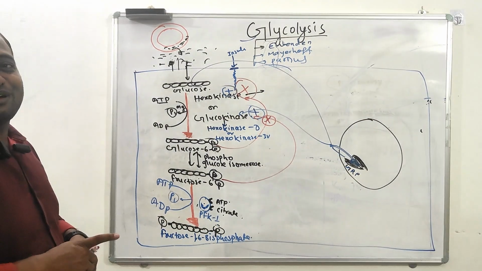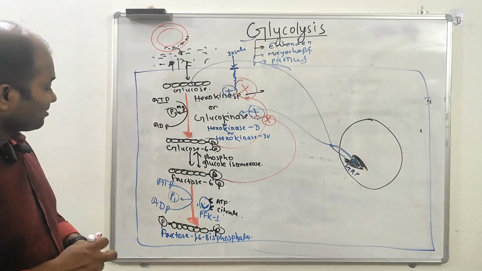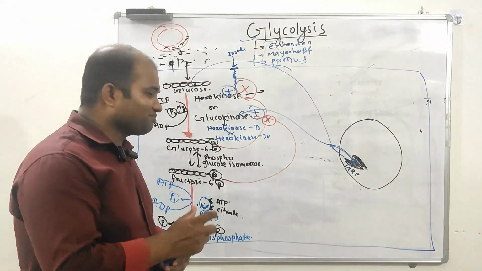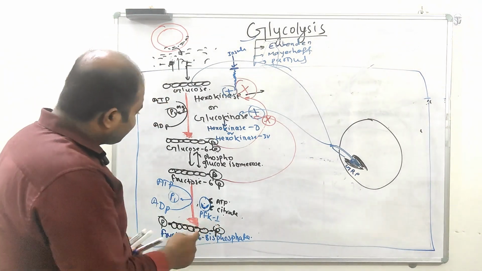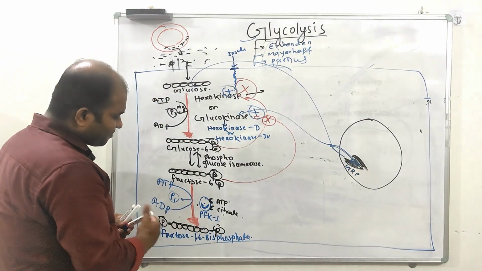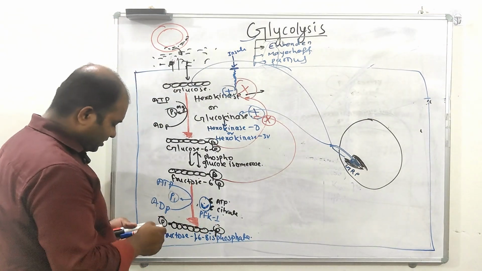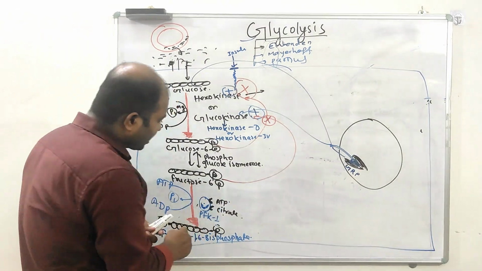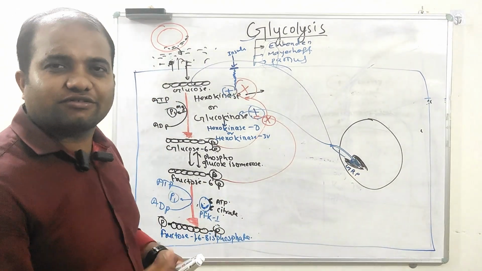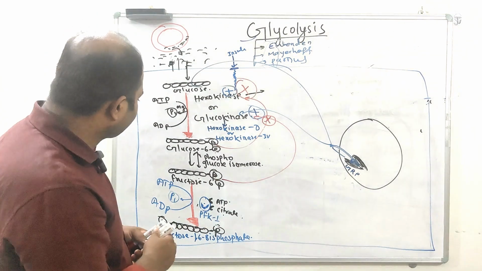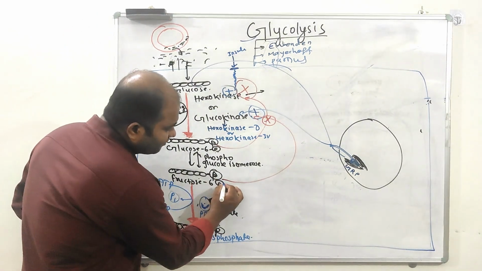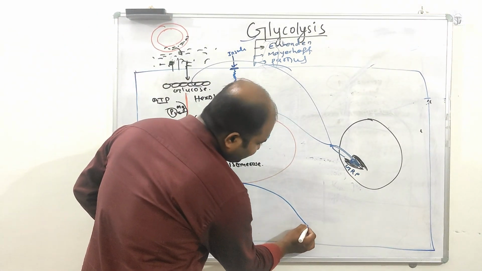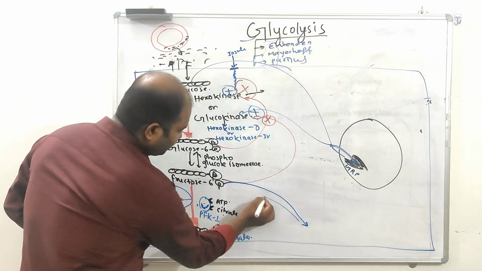But one more thing I want to highlight, I can't control myself, I just love to mention one more thing that is very important actually. Before fructose 6-phosphate converts to this, a few amounts, just imagine 4 to 5 percent out of 100, of fructose 6-phosphate is converted into some other product, and this is a reversible product.